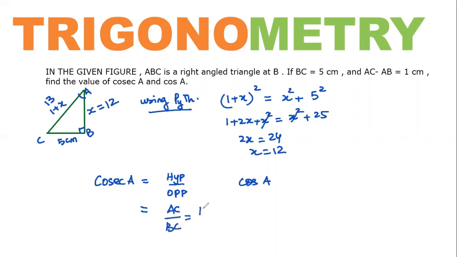So you'll get 13 by 5, which can be written as 2.6. Now cos is adjacent over hypotenuse. Adjacent is 12 and hypotenuse is 13. So 12 by 13 is cos A. Cosec A is 2.6.